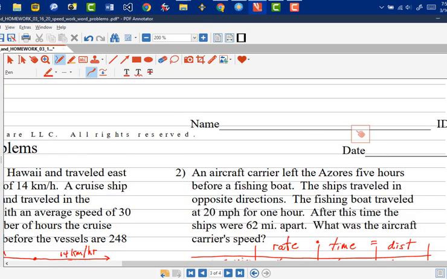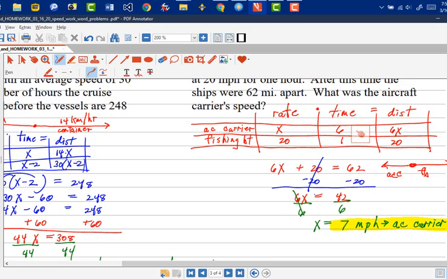The total distance is 62, so my rate times time distance expressions for the aircraft carrier 6x, the fishing boat 20, so I'm going to add those two distances together to get 62 miles. So I get 6x plus 20 equals 62, and then I solve for x, and I get x equals 7. So that's 7 miles an hour, and that's the aircraft carrier.